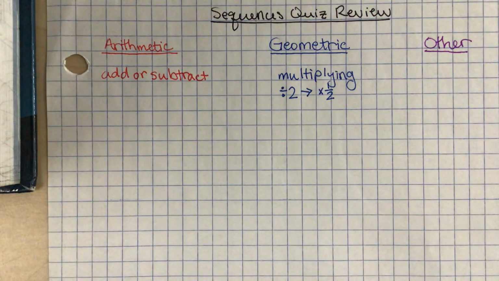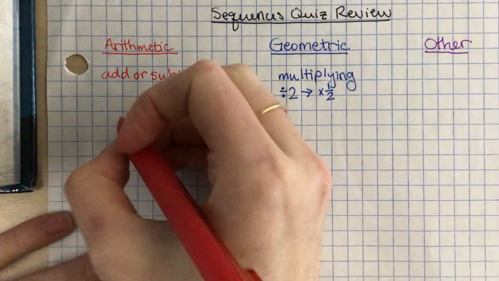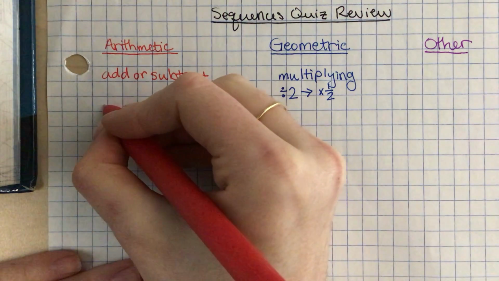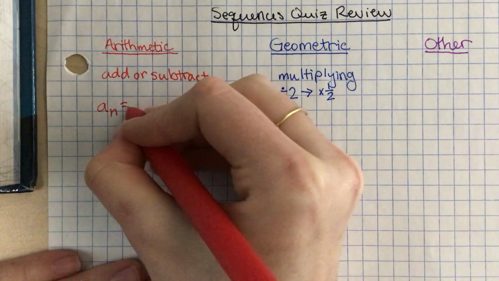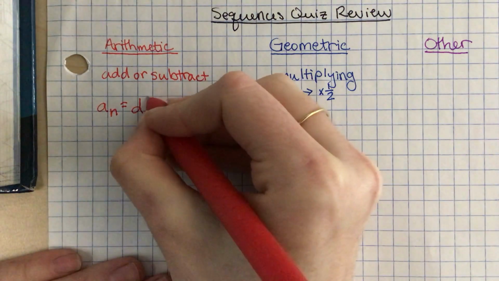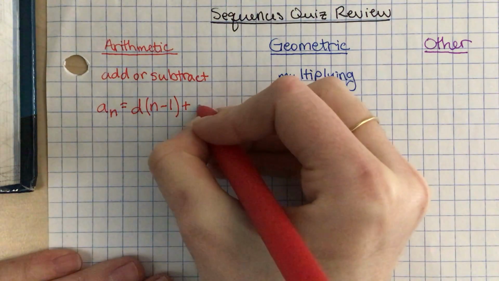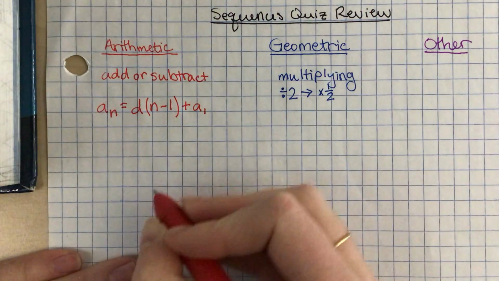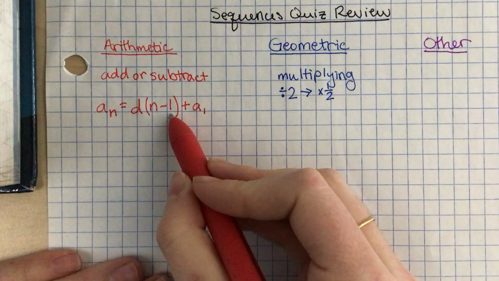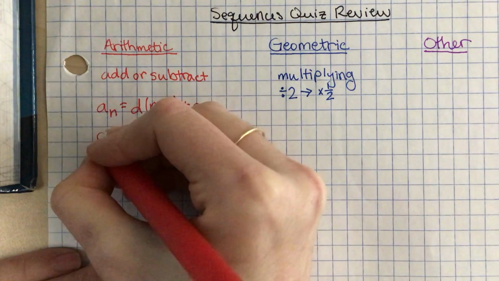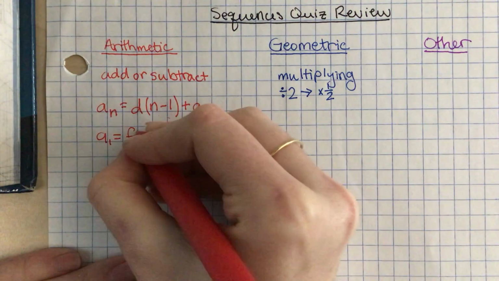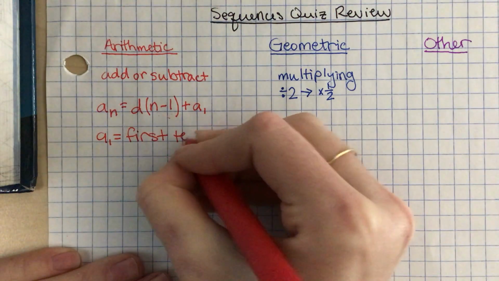Let's talk about their actual formulas and what each thing means with these sequences. So our arithmetic formula is AN equals our common difference times the numbered term we're trying to find minus 1, plus A1. Now, remember we do n minus 1 because we said A1 stands for our first term. That's the first thing listed in our sequence.